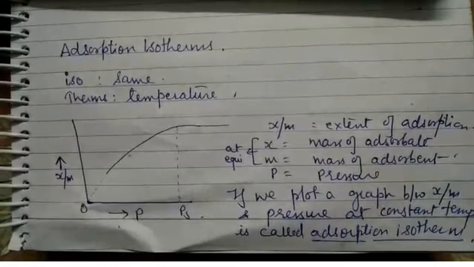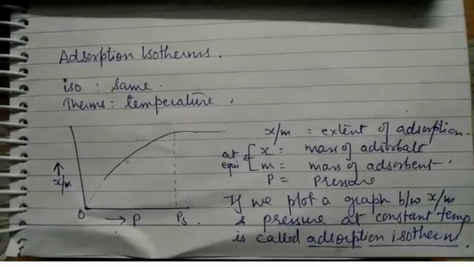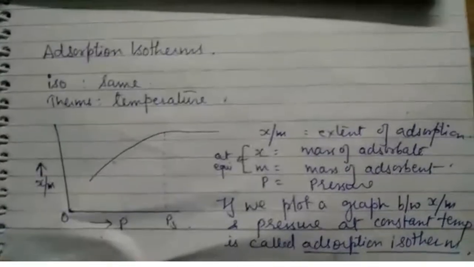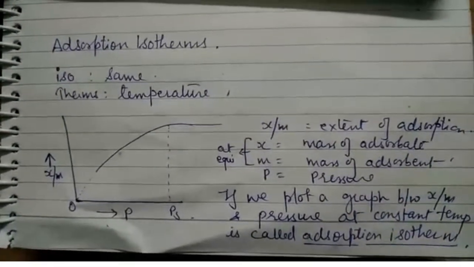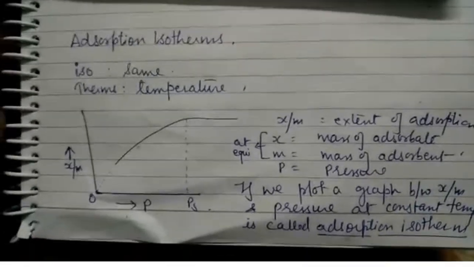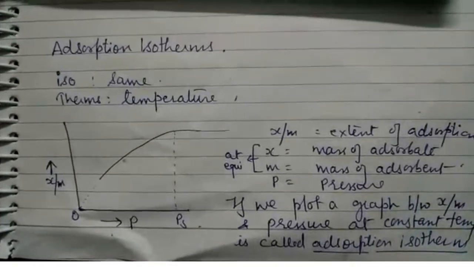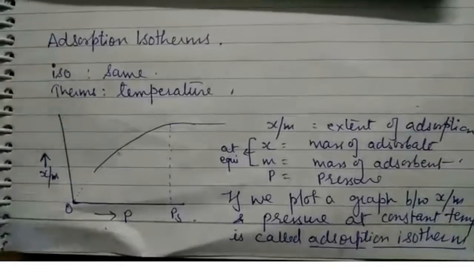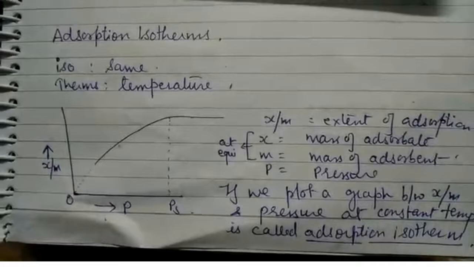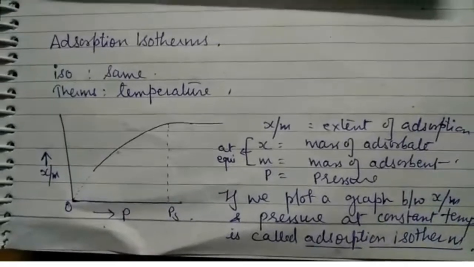Now our next topic for adsorption is adsorption isotherms. We know that pressure and temperature are the two main factors which can influence the extent of adsorption on the surface of a solid. If temperature is kept constant, then it is known as isotherms, and if pressure is kept constant, then it is known as isobars.